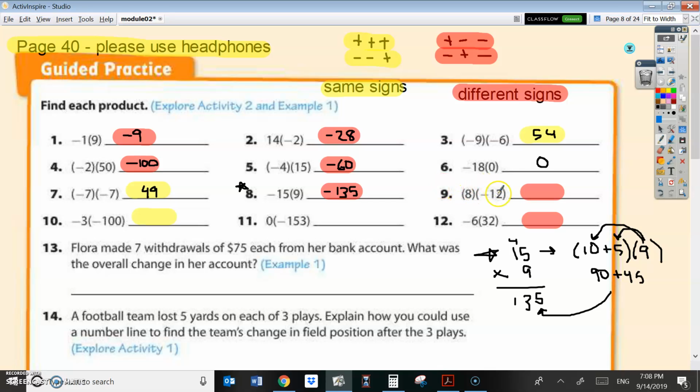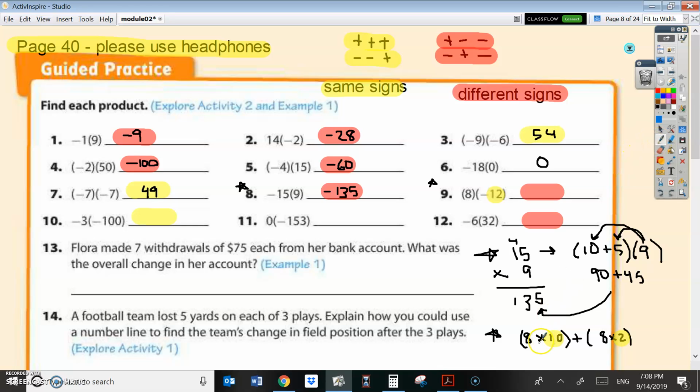8 times 12. So do 8 times 10 plus 8 times 2, because 12 is the same as 10 plus 2.